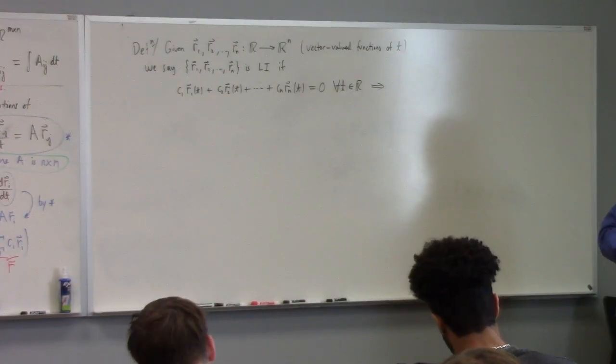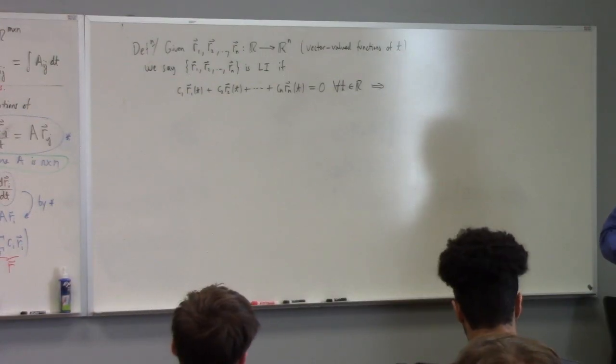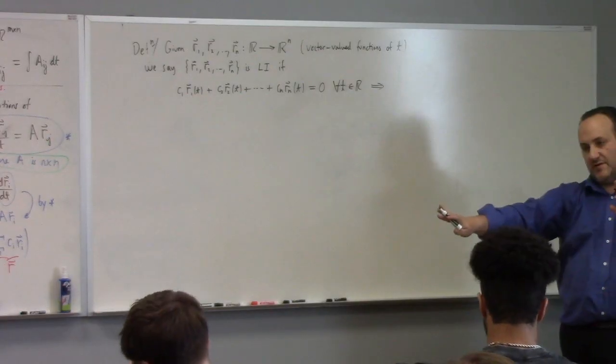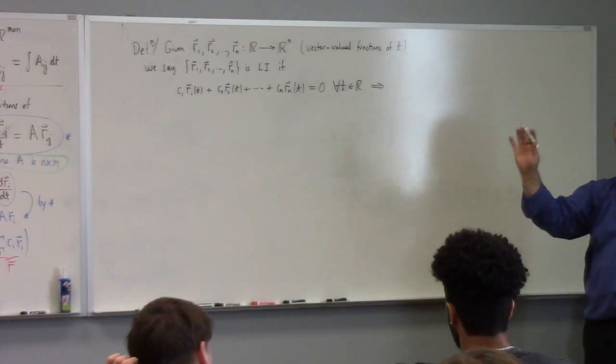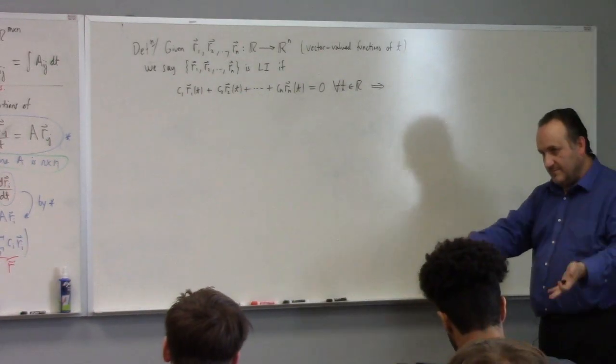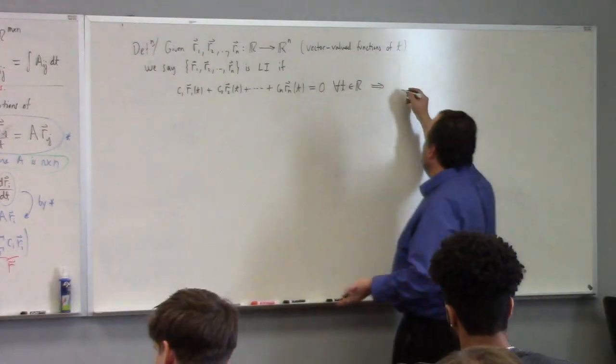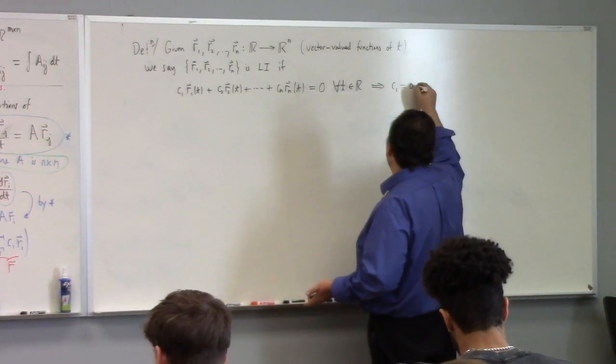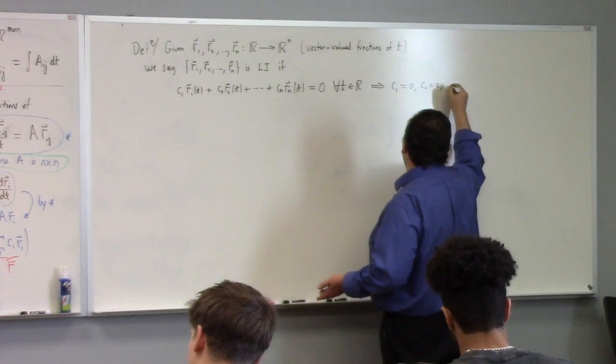What was our definition of linear independence for vectors? Remember? Linear combination equals 0 implies all the constants have to be 0. So we just need that this has only the 0 solution.